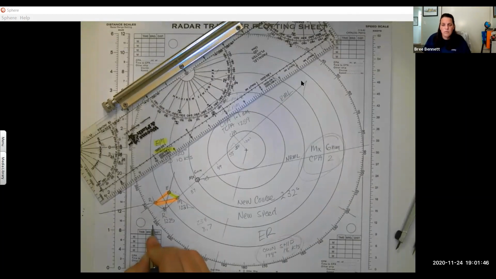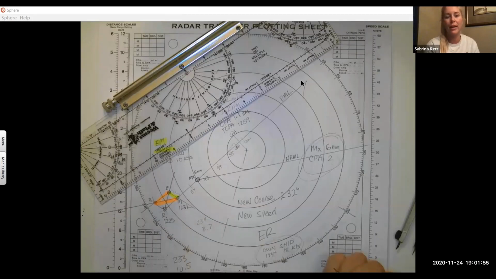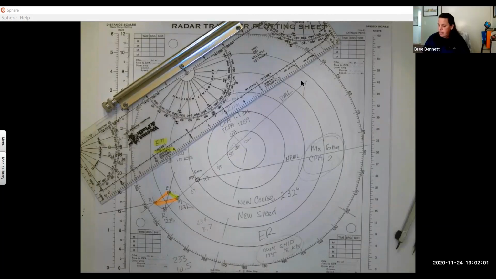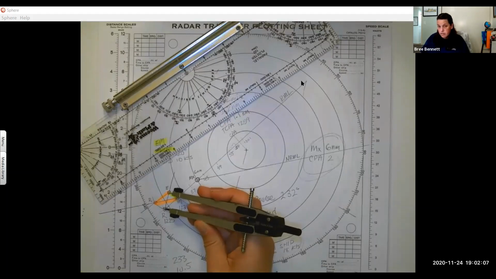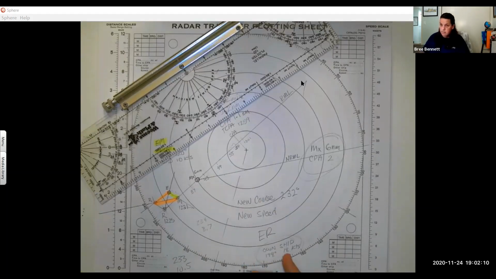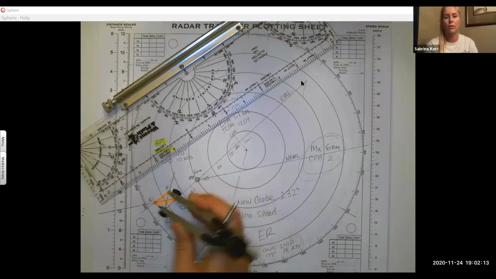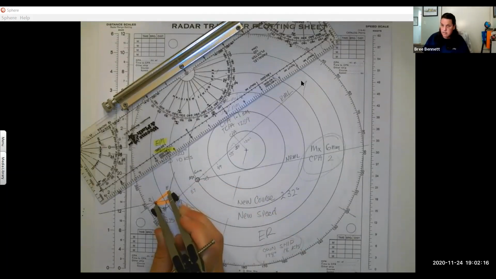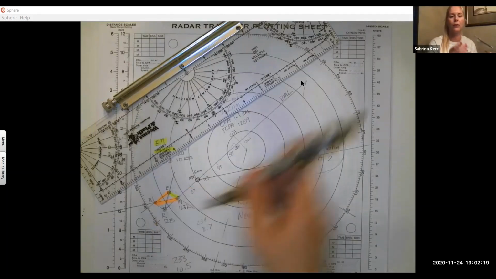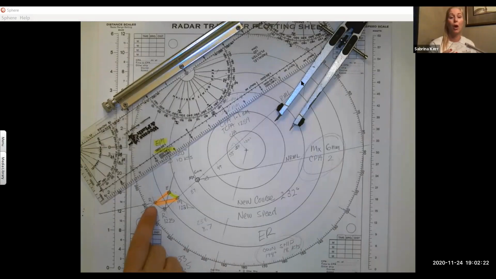Oh, okay. Sorry. What do you mean you're not really measuring it? I guess what I'm thinking is you're not measuring the distance from E to R. We put that in with the distance. We said it was going to be 18 for our 18 knots. So we know that the distance is 18. But to get the new course, you put the rolling plot from E to R prime and move it back to the center.